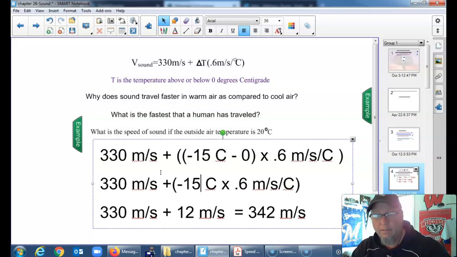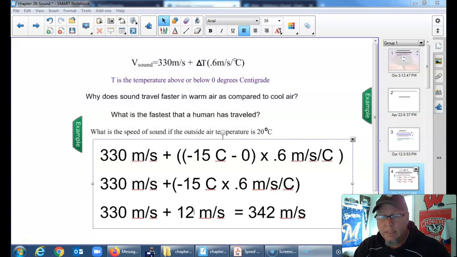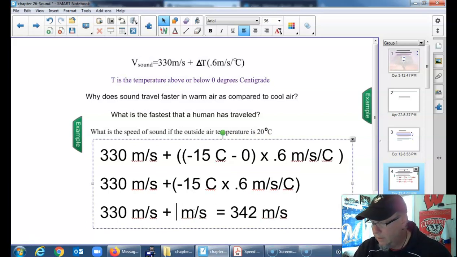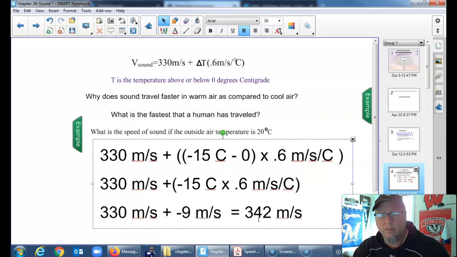And negative 15 times 0.6 happens to be negative 9. So now if you look at how this plays out, 330 minus 9 is 321. So if it's colder than 0, if it's a negative temperature, you end up moving slower.